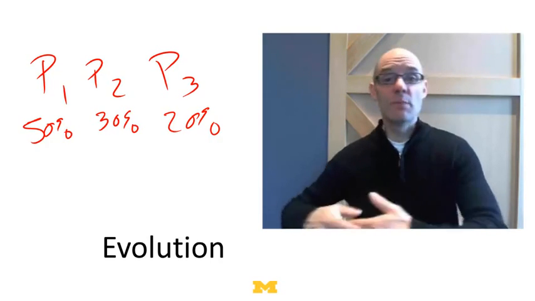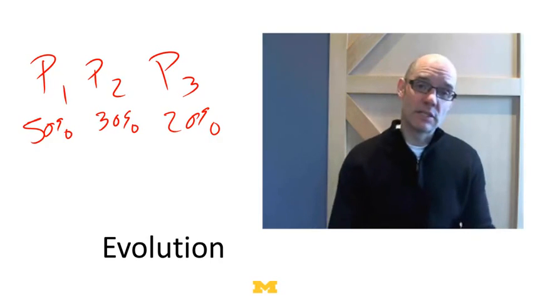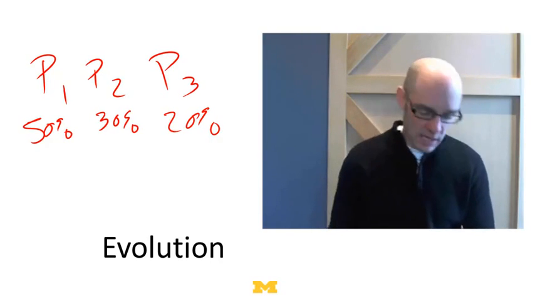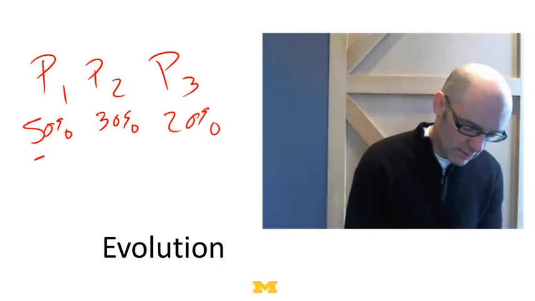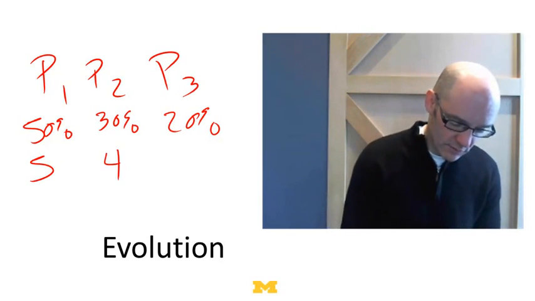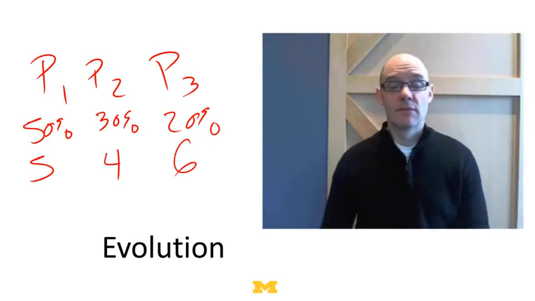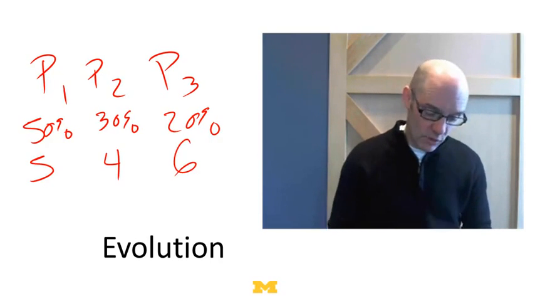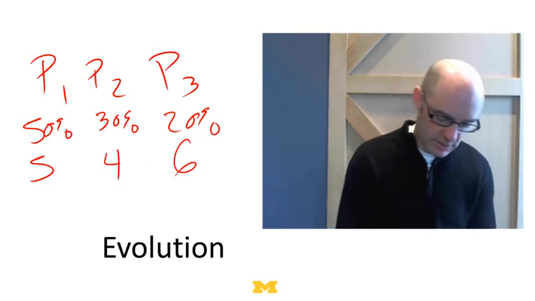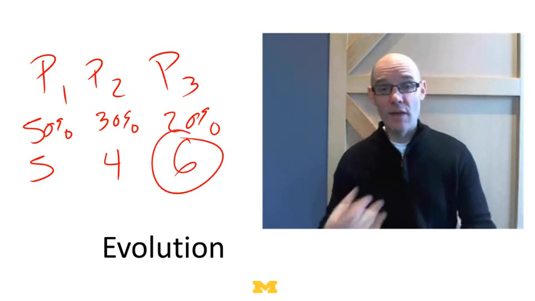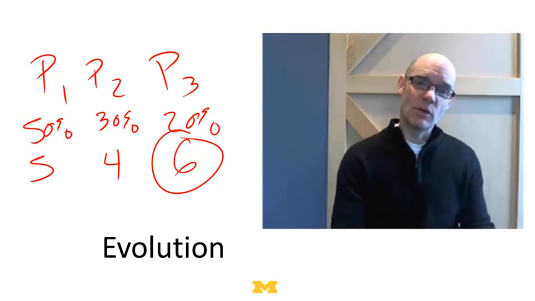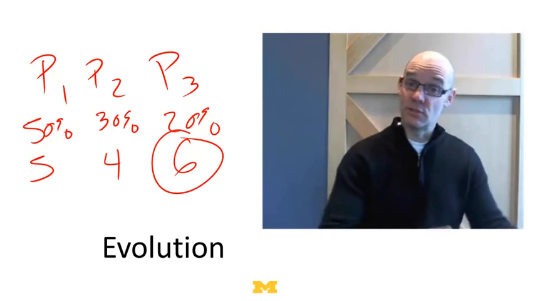Now if you think about reproduction of this species, the more there is of a type, the more likely that it'll reproduce. So type 1s would be more likely to reproduce. But suppose we throw fitness in here and we say type 1s have a fitness of 5, type 2s have a fitness of 4, and type 3s have a fitness of 6. Now again you'd say, well, type 1s have an advantage because there's more of them, but type 3s have an advantage because they have higher fitness. So evolution is playing the same sort of trade-off. Things that exist in higher proportion are more likely to get reproduced just because there's more of them.